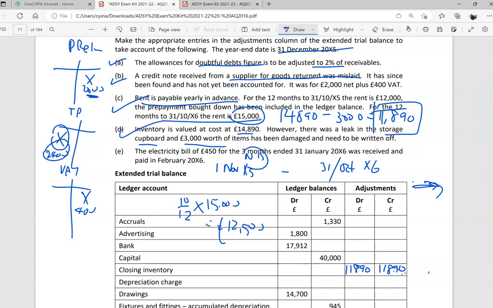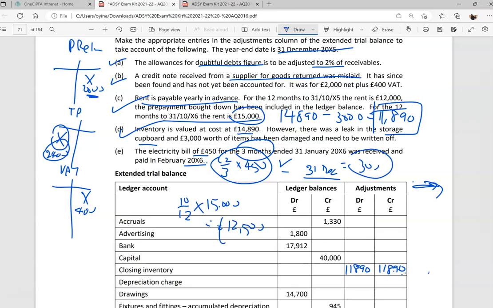Right, let's look at the final one. It says the electricity bill for the 3 months ended was 450, received and paid in February 06. Remember, your year end is the 31st of December. So I need two of the 3 months, to accrue. Two-thirds times 450 is 300.